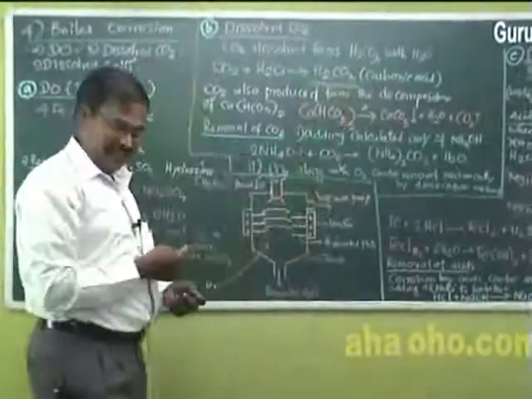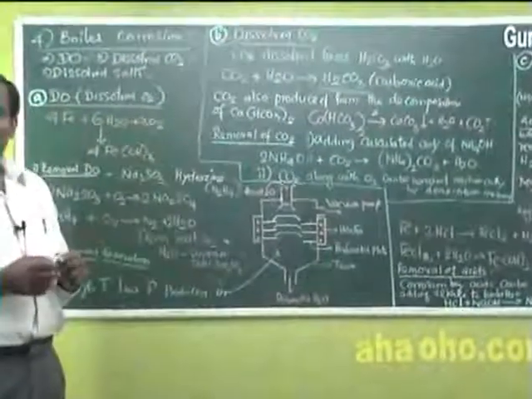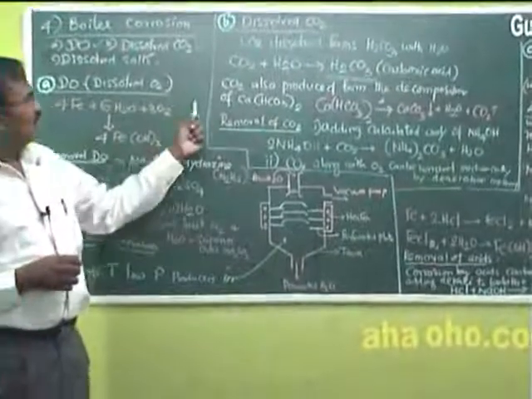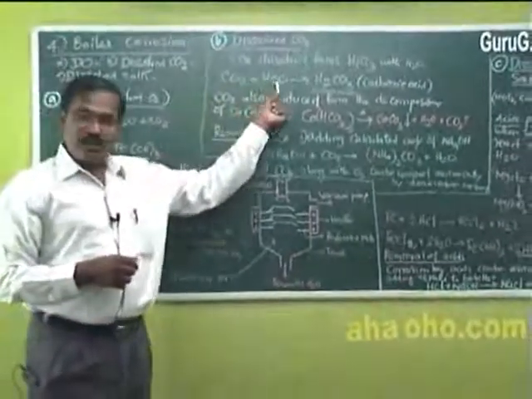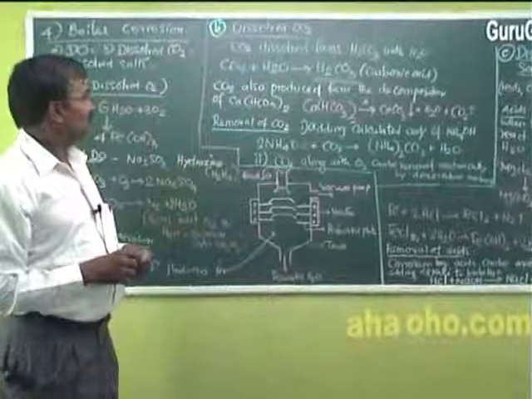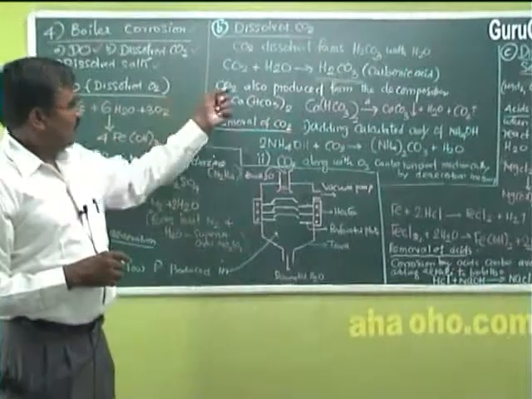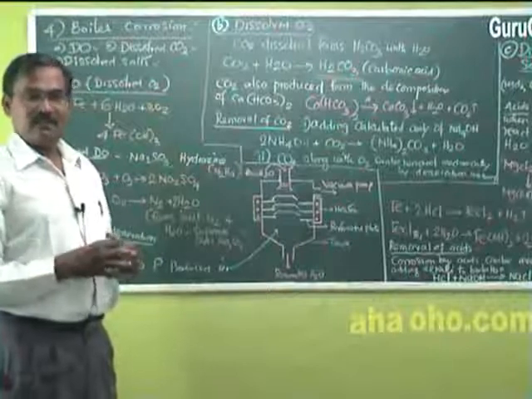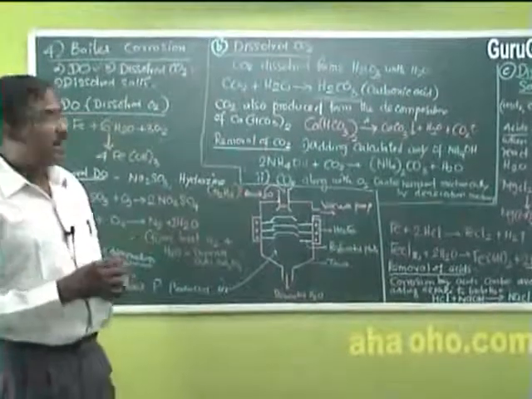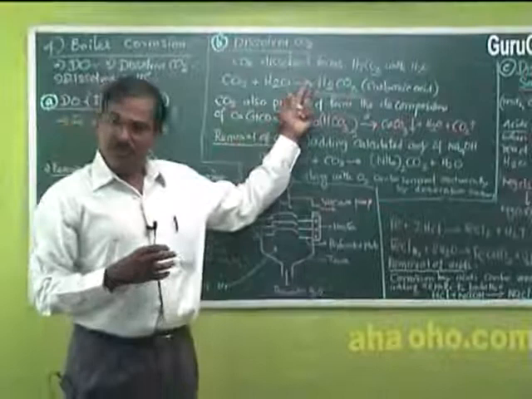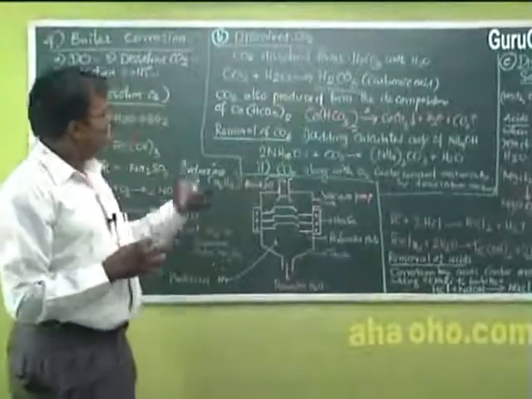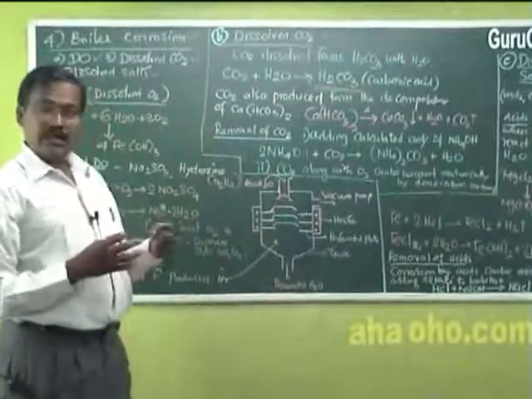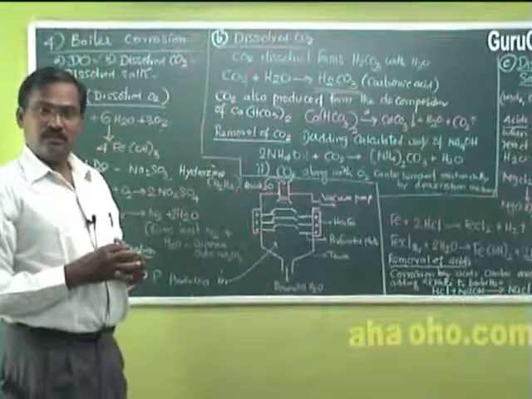Of course, it's a weak acid. CO2 reacts with water forming carbonic acid. Any acidic substance present in water on contact with metal leads to corrosion, all we know. So this H2CO3 is responsible for corrosion.